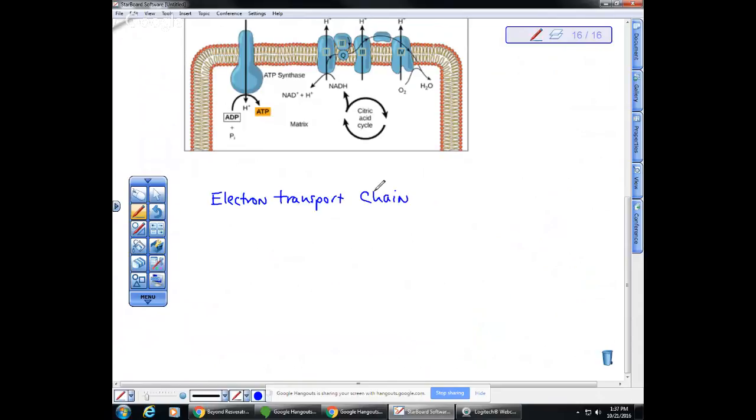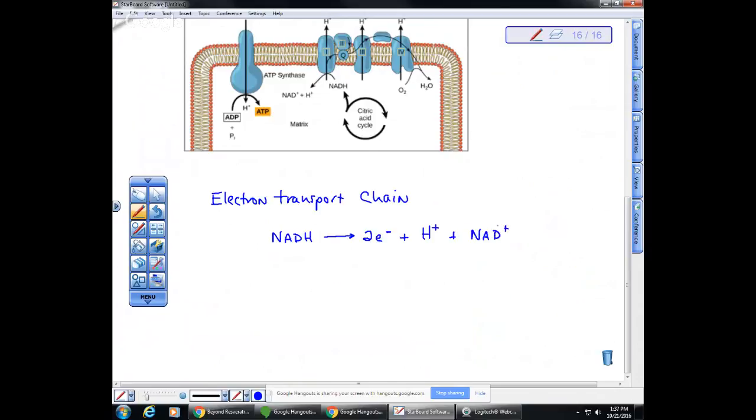So the electron transport chain receives electrons and hydrogen atoms from NADH. So when NADH is broken down, when it is oxidized, so it loses hydrogen atoms, it releases 2 electrons plus a hydrogen ion, plus NAD positive.